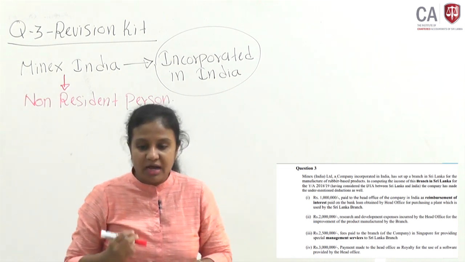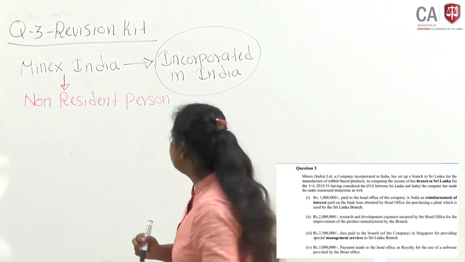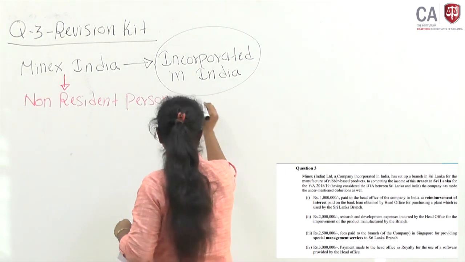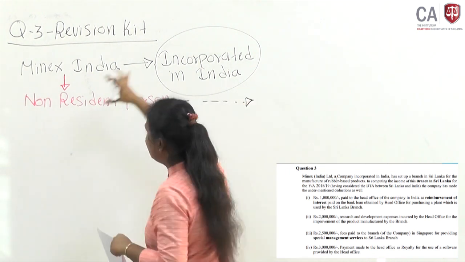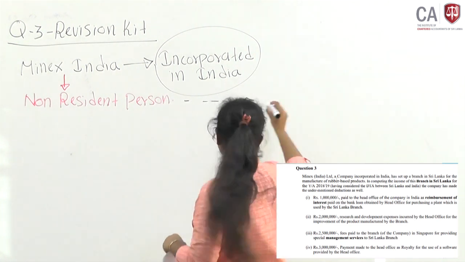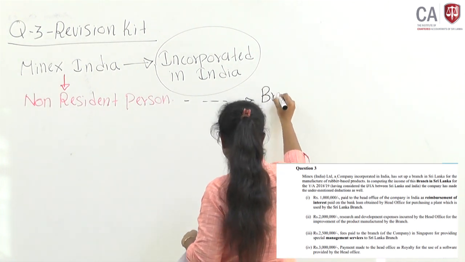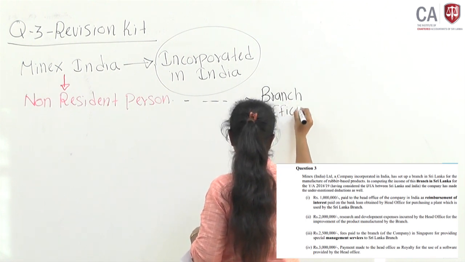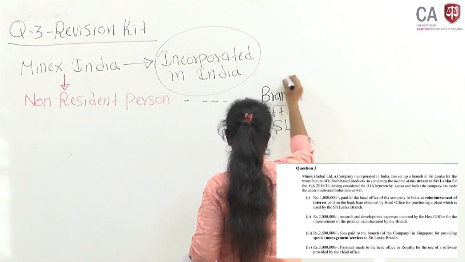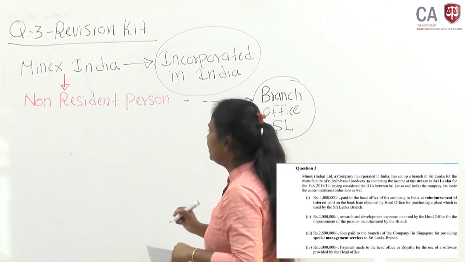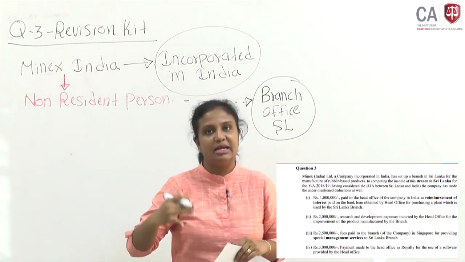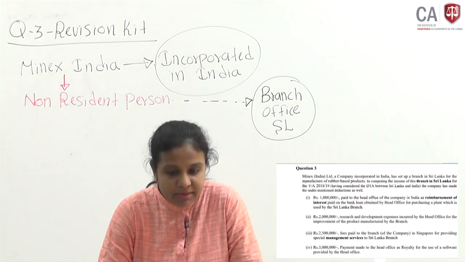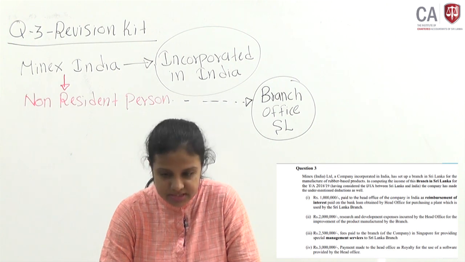It has set up a branch in Sri Lanka. Now, what is the relationship between this non-resident person and Sri Lanka? On behalf of this non-resident person, there is a fixed base of business, which is a branch office established in Sri Lanka under the name of the Minex India Sri Lankan branch office, for the manufacture of rubber-based products.